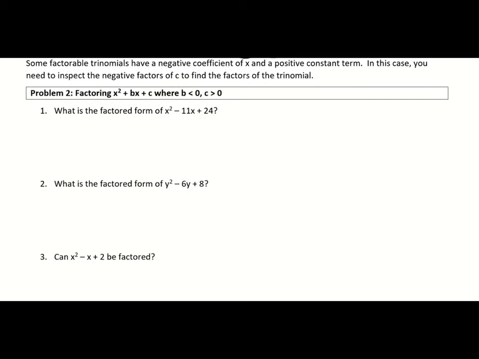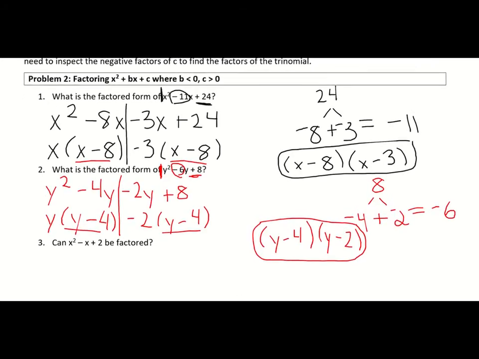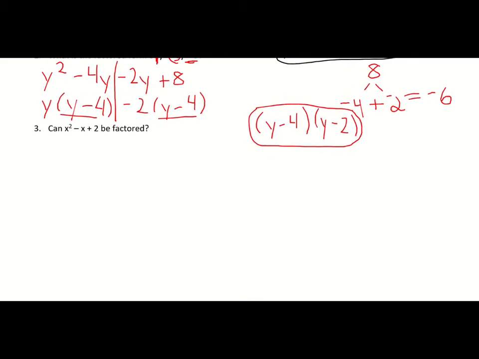So let's take a look at number 3. It says, can x squared minus x plus 2 be factored? So to factor this, we would need to multiply the number in front of x squared, 1, with 2. And we would need to find two numbers that multiply to 2 and that add to the middle number, -1.